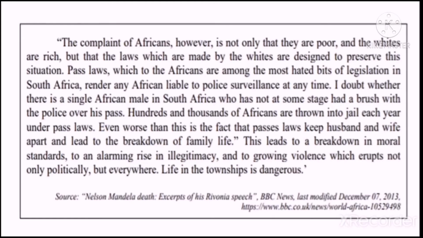Hundreds and thousands of Africans are thrown into jail each year under pass laws. Even worse than this is the fact that pass laws keep husband and wife apart and lead to the breakdown of family life. This leads to a breakdown in moral standards, to an alarming rise in illegitimacy, and to growing violence which erupts not only politically but everywhere. Life in the townships is dangerous.